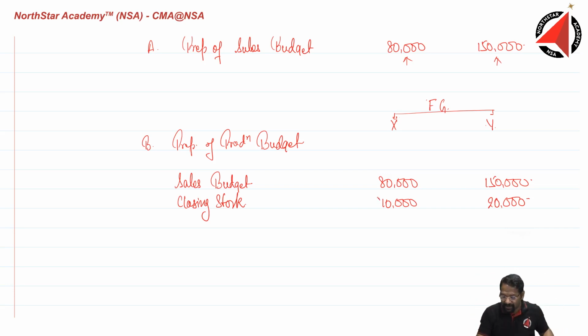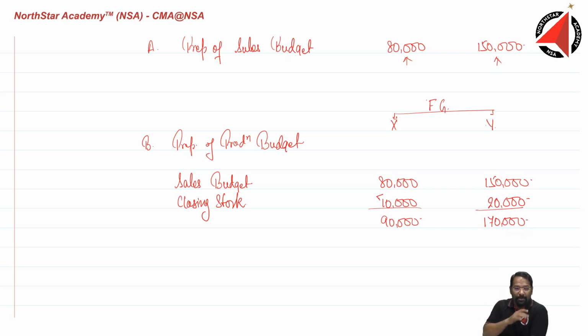There is no opening stock. Forget opening stock. Now tell me, how many units should we produce? Because at the end we want 10,000, we should produce 90,000 units. Agreed? Here, how many units should we produce? We should produce 170,000 units. Agreed? All of you agreed?